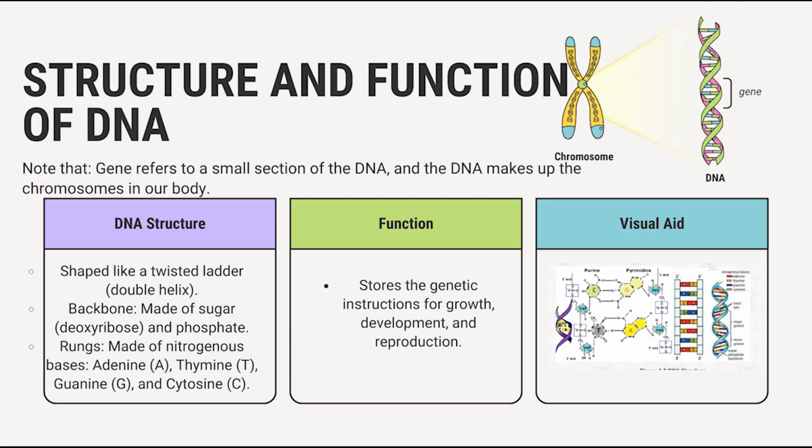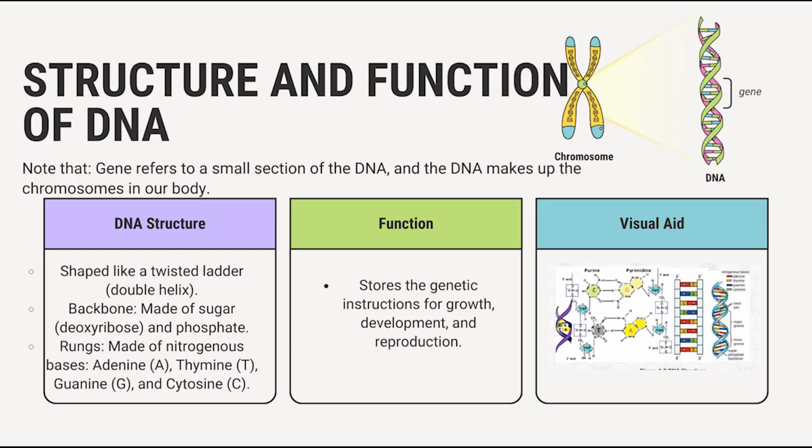DNA, or deoxyribonucleic acid, is the hereditary material in humans and many other organisms. Imagine a twisted ladder. That is what DNA looks like. The sides of the ladder are made of sugar, or deoxyribose, and phosphate groups, and the rungs are made of nitrogenous bases: adenine, thymine, guanine, and cytosine.